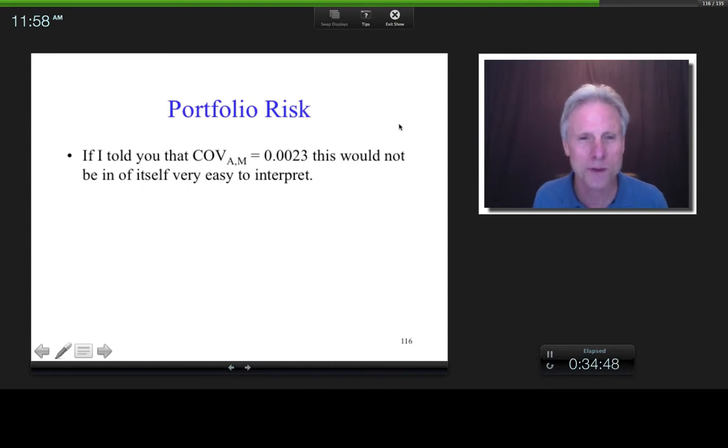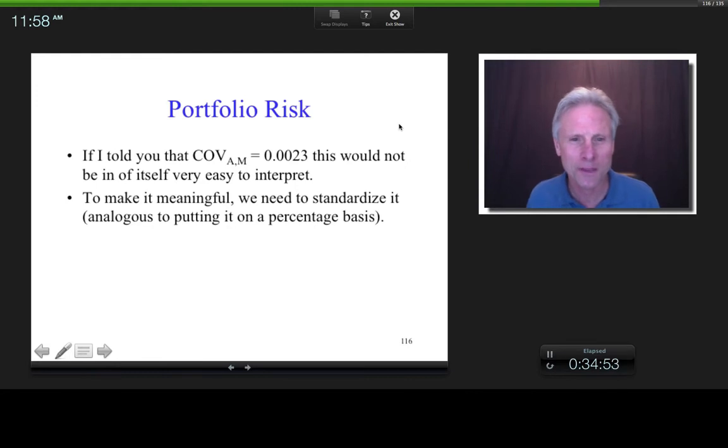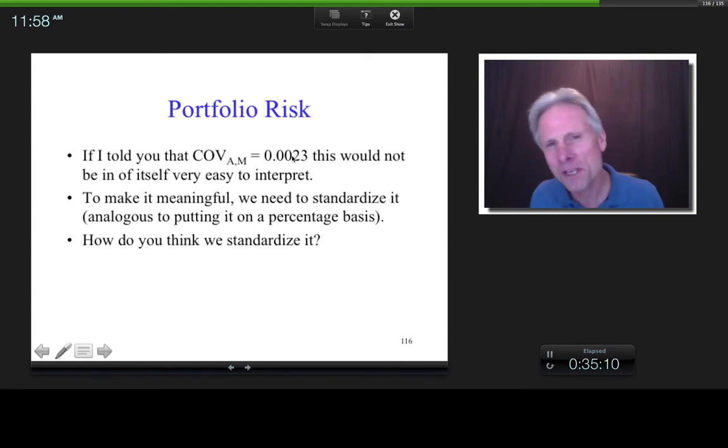It provides a benchmark. And so similarly, here we have a risk term, and to make it meaningful, we need to benchmark it against something, or standardize it against something, whatever you want to call it. So how do you think we standardize it? I mean, if you think about my example of the profit, $1 million, and I divide it by sales, $10 million, am I taking a dollar value and dividing it by a dollar value?